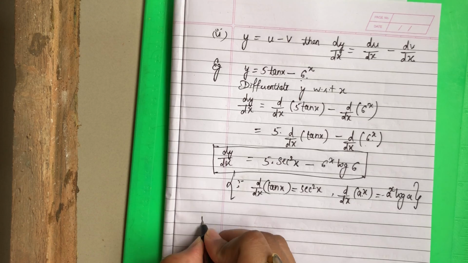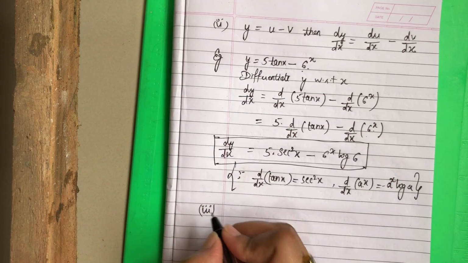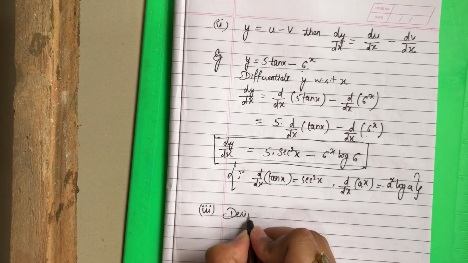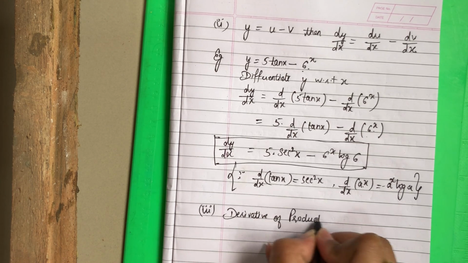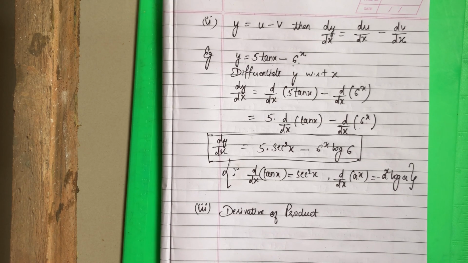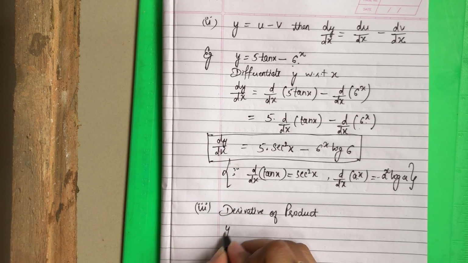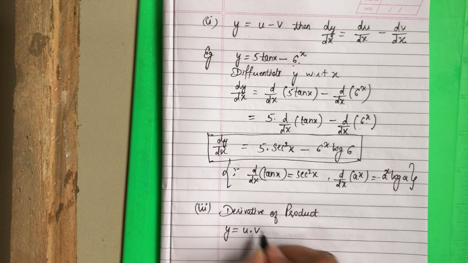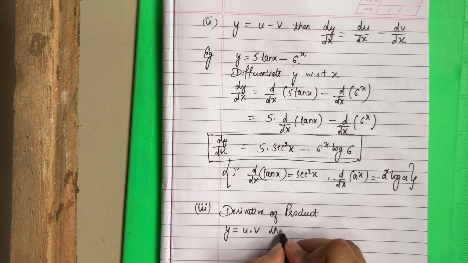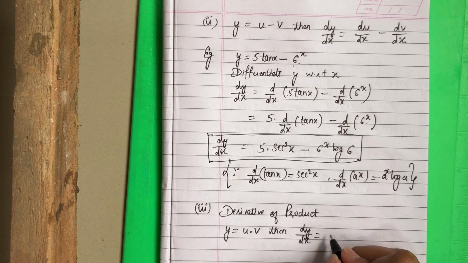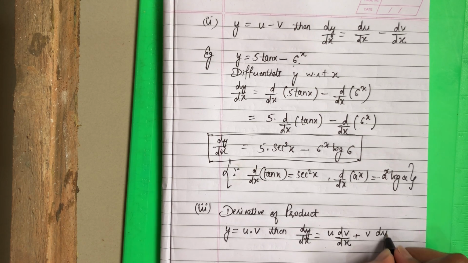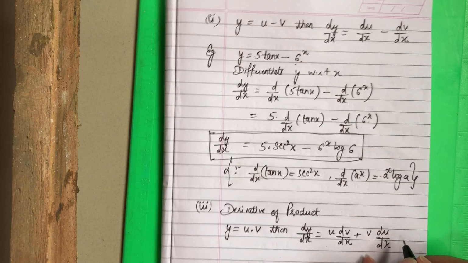Now third rule. Third rule is derivative of product. When any terms are given in the form of product, that is y is equal to u dot v, then dy by dx is equal to u dv by dx plus v du by dx.